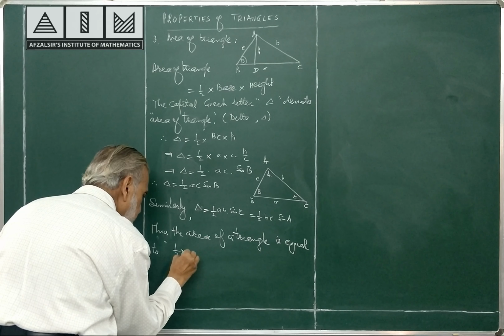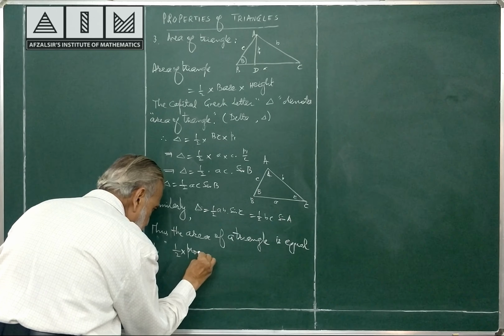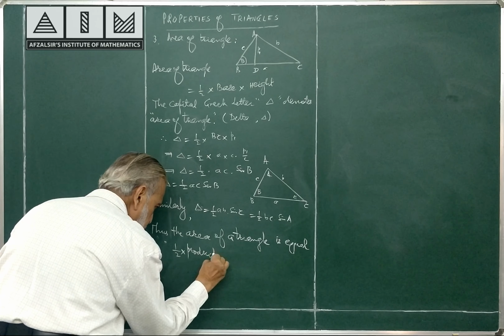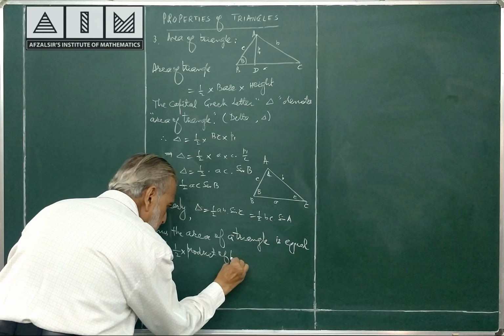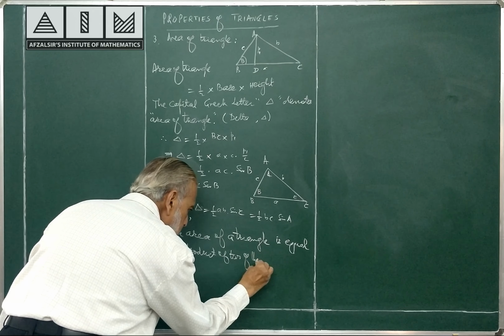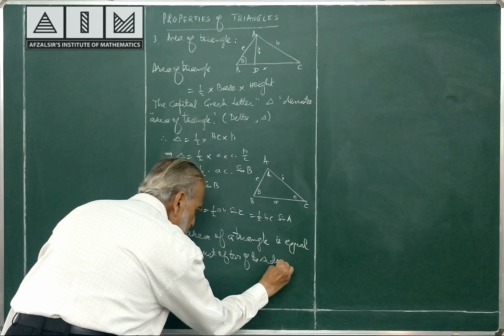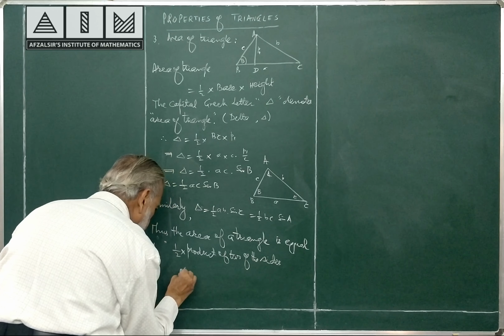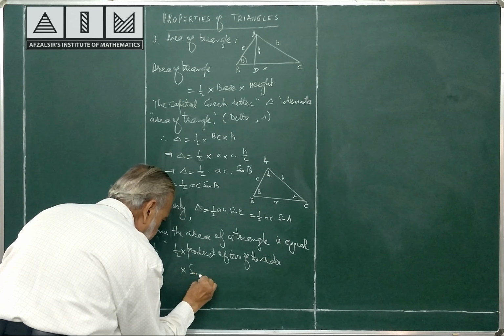One by 2 product of two sides, any two sides, multiplied by sine of the included angle.